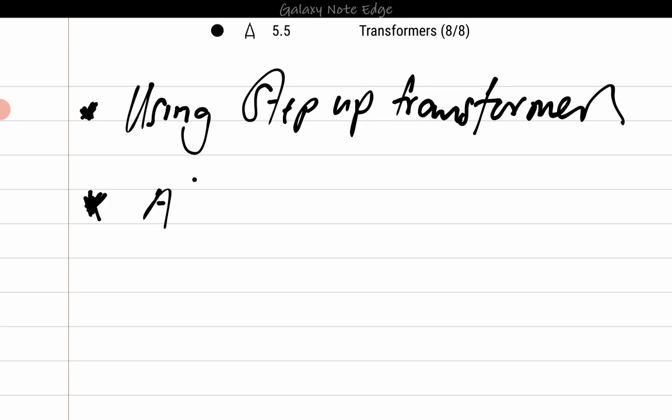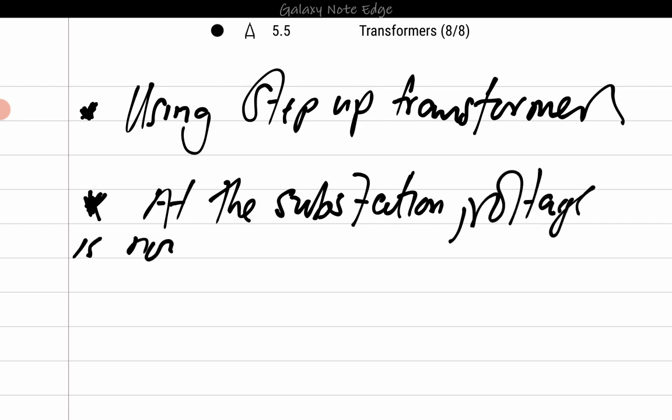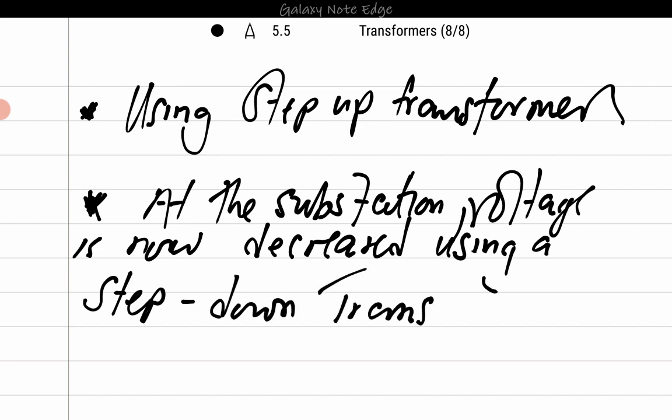So we can say at the substation voltage is now decreased using a step-down transformer. So this is how we can reduce the loss of energy during the transmission of our electricity.